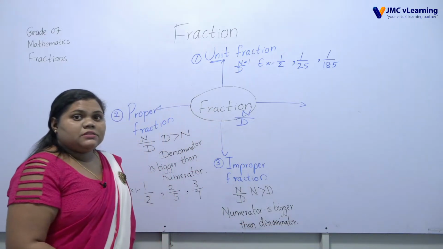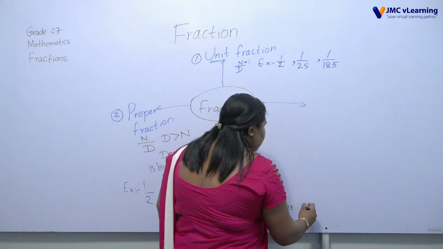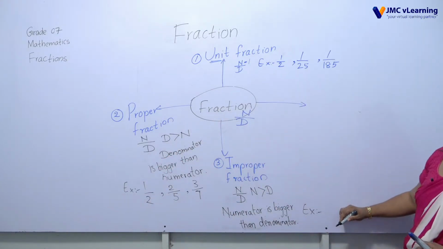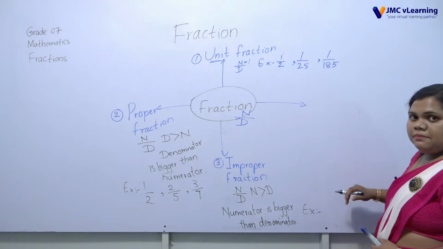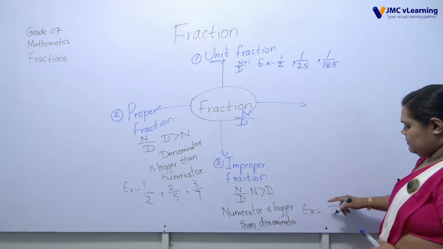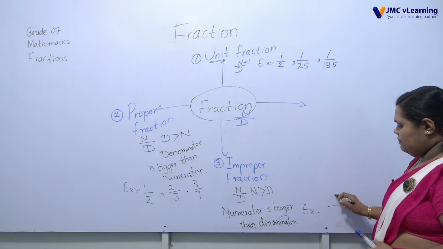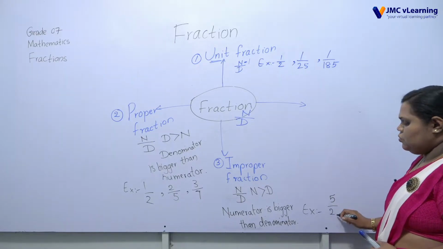Okay, now we have to write some examples for that. This upper one must be bigger than this down one. For example, 5, 2.